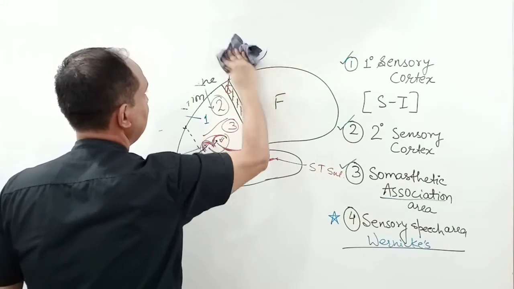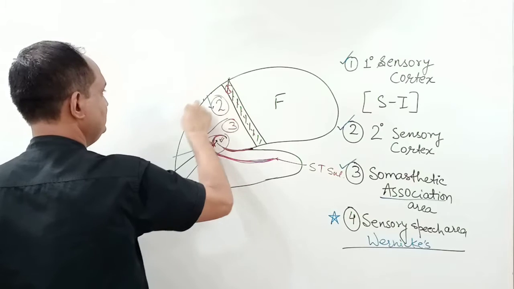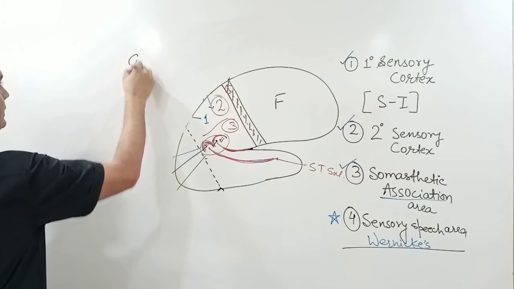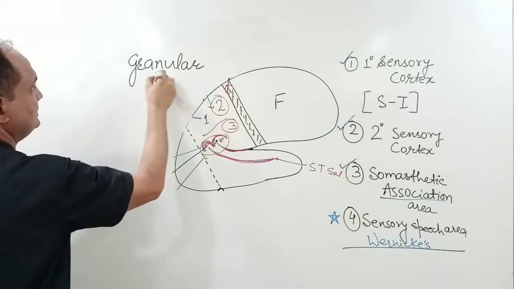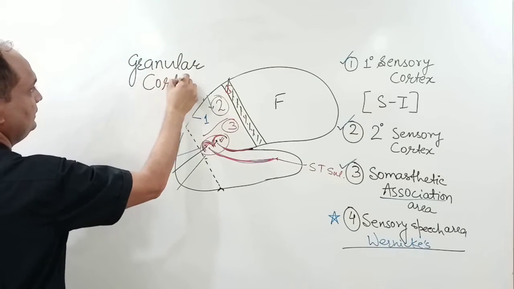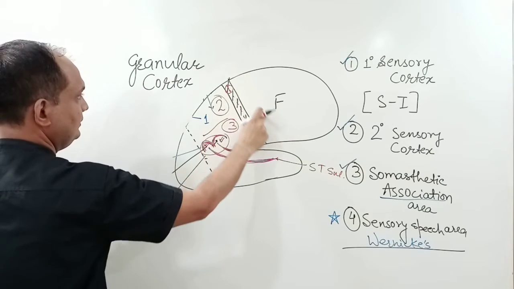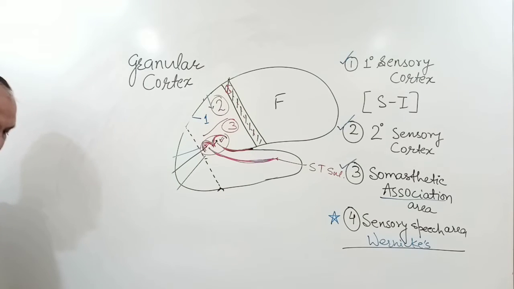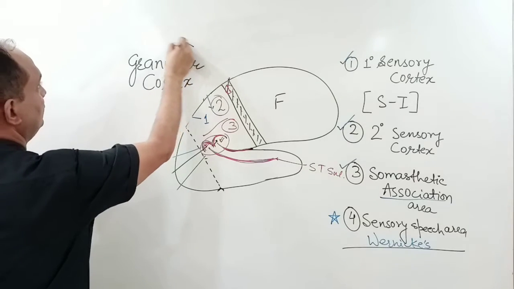Now when you see the primary sensory cortex, it is also known as granular cortex. As we have seen, the precentral gyrus, the primary motor area, is known as agranular cortex. This is known as granular cortex.